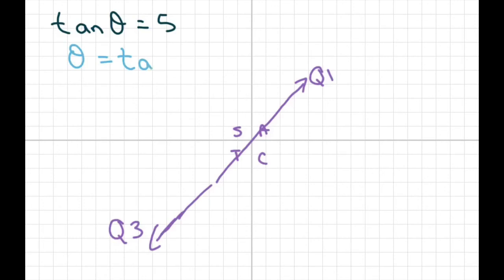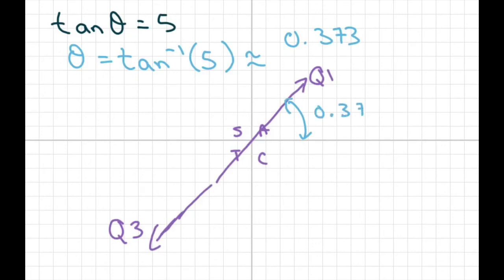So inverse tan of 5 equals approximately 1.373. So this angle here is 1.373. But what we want is this whole angle here.